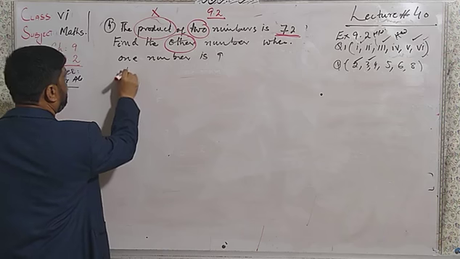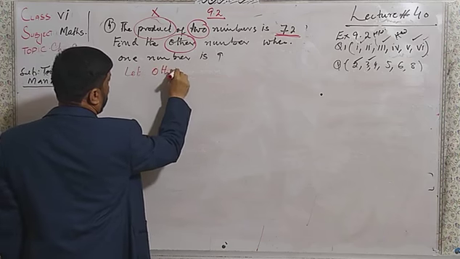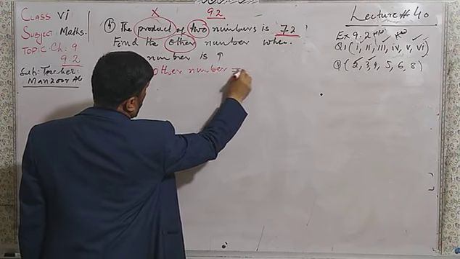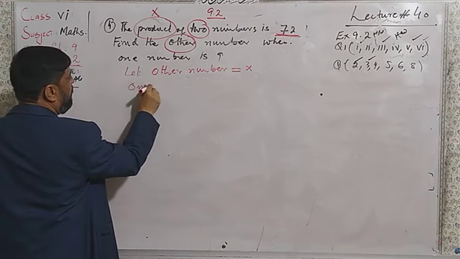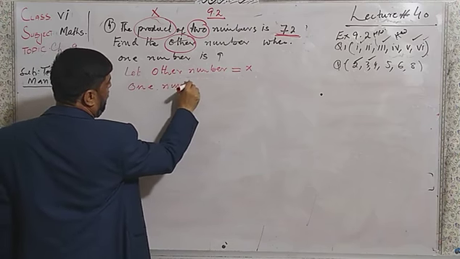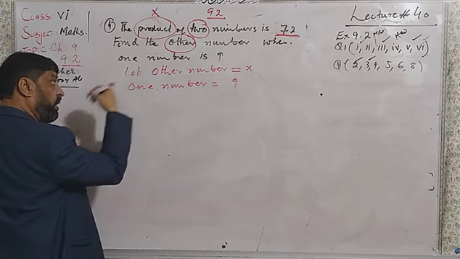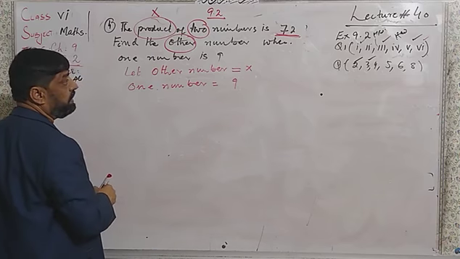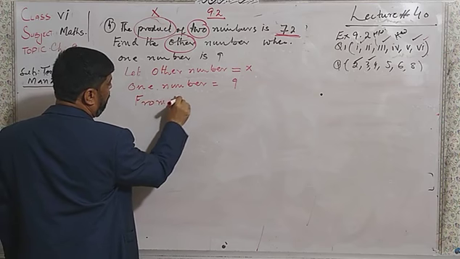Let the other number be equal to x. The one number that we are given here is equal to 9. Now the product of x and 9 is equal to 72 from the given condition.